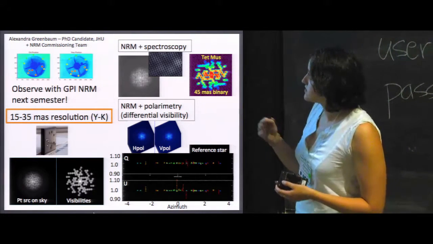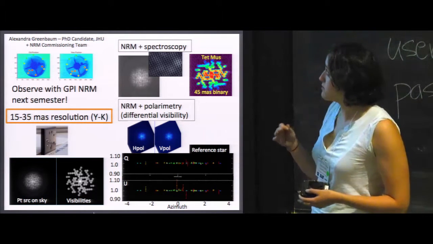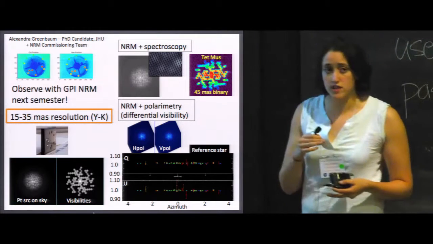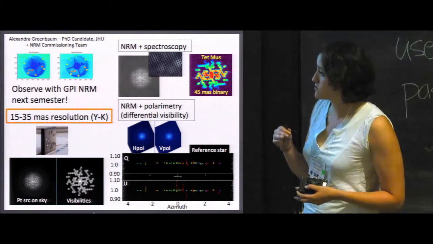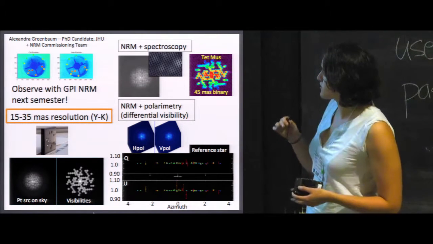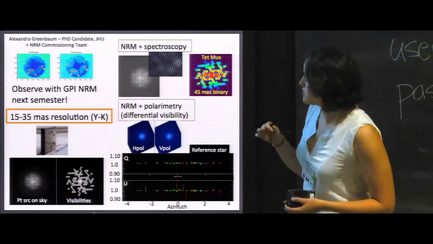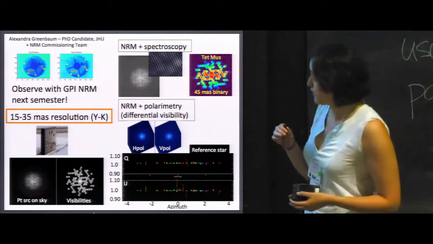So that's one opportunity. In polarimetry mode, we get an image at 2 orthogonal polarizations, and we can use a technique of differential visibilities, interferometric visibilities, to resolve disks around stars close in behind the coronagraphic spot.